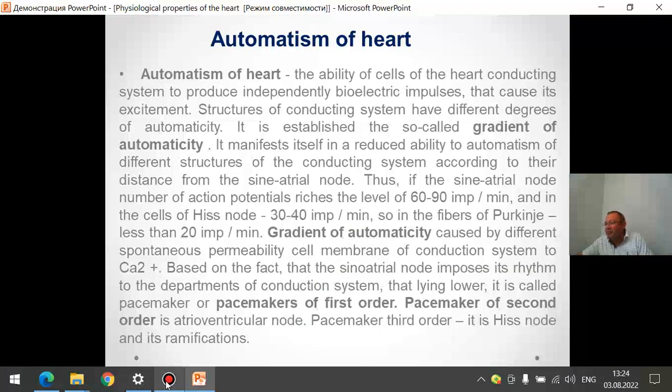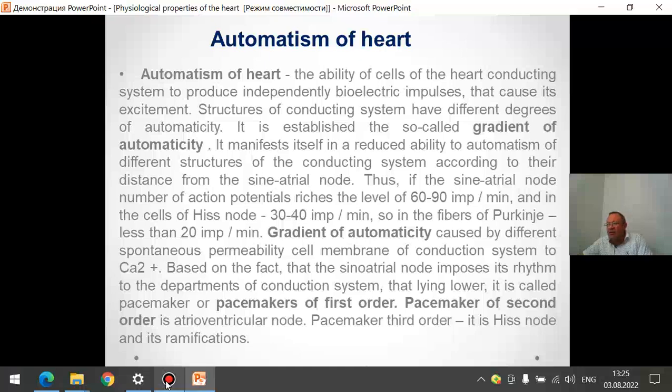Automatism of the heart. The ability of cells of the heart conducting system to independently produce bioelectrical impulses that cause its excitement. Structures of the conducting system have different degrees of automaticity. It establishes the so-called gradient of automaticity. It manifests itself in a reduced ability to automatism of different structures of the conducting system according to their distance from the sinoatrial node.